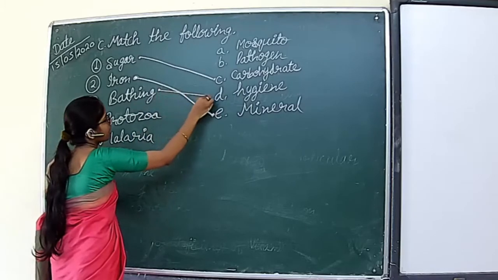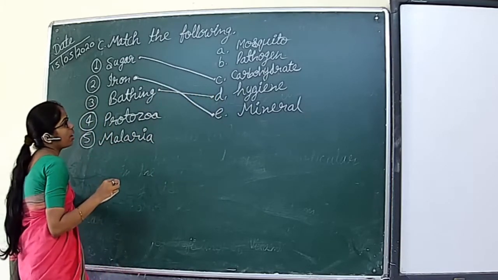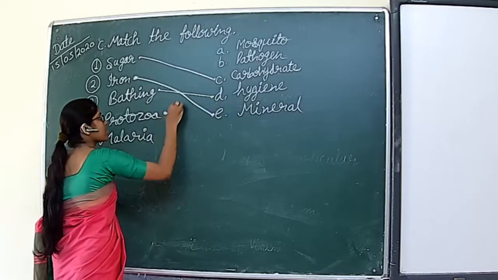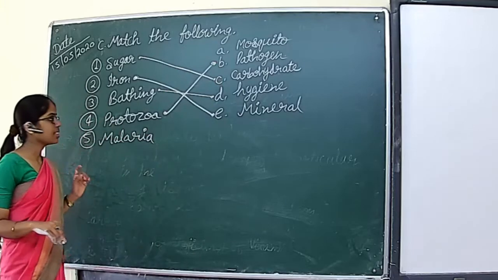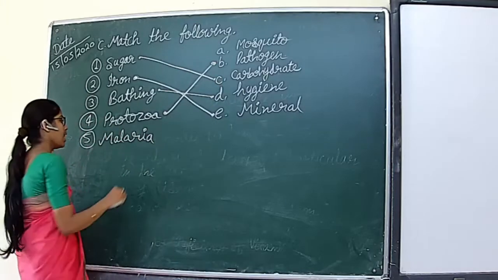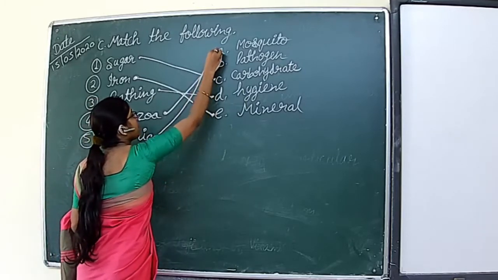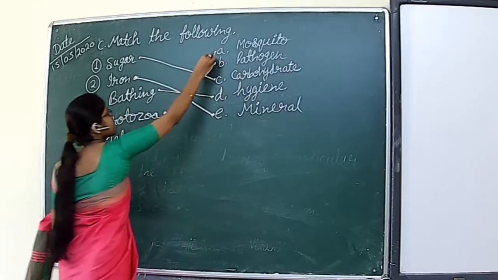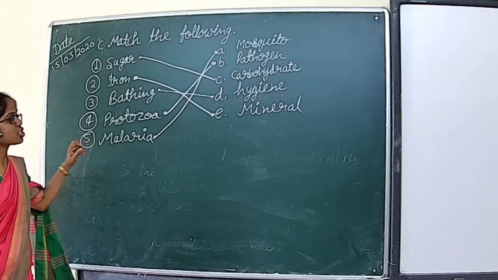So third will be matched to D. And protozoa. Protozoa is a pathogen. What is the meaning of pathogen? Disease causing agent. And the last option, malaria. Malaria is spread by mosquito.